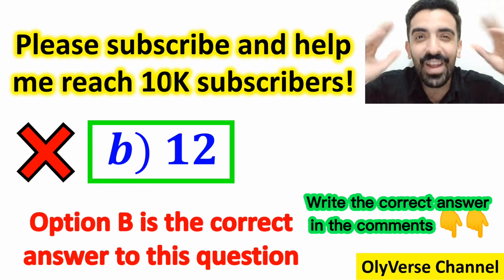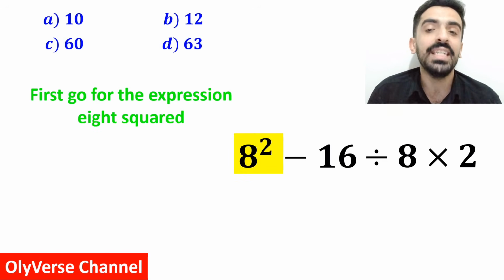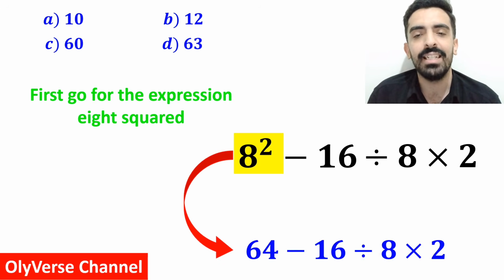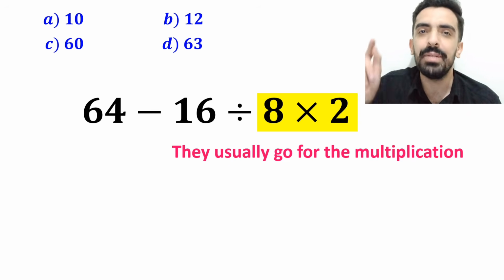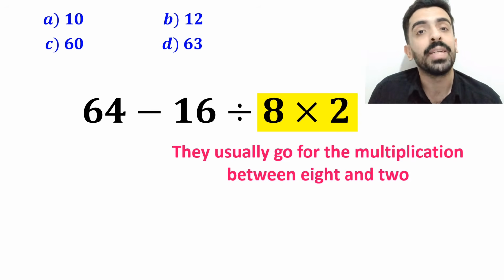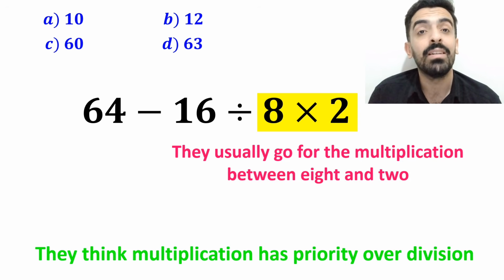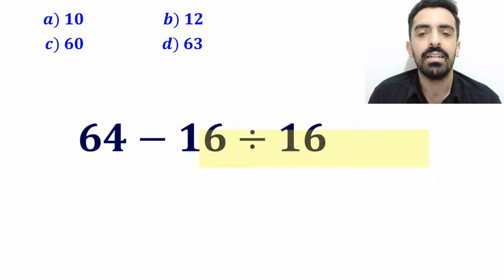However, that's definitely wrong. Also, some other people when solving this question first go for the expression 8 squared and they simplify to 64 minus 16 divided by 8 multiplied by 2. And the next step, they usually go for the multiplication between 8 and 2 because they think multiplication has priority over division. So, they rewrite this expression as 64 minus 16 divided by 16.